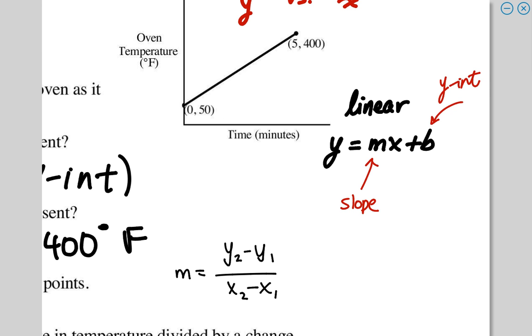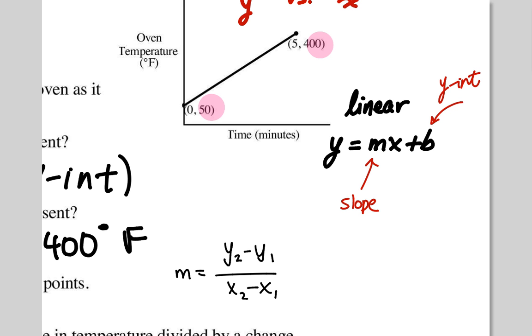So where is y2? Good, 400. That's y2. And where's y1? 50. Excellent. So what's the change? 350. Very nice.